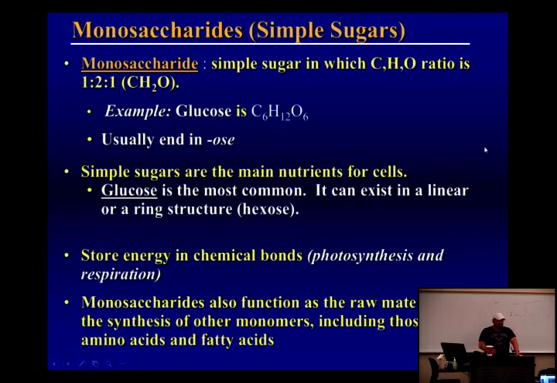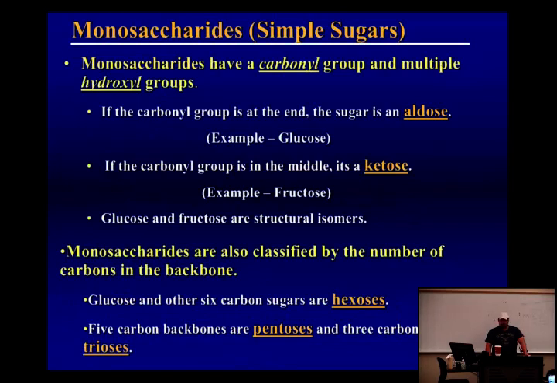It's a hexose. What does that mean? 6 what? Carbons, good. What if it had 5? What would we call it? What if it had 3? Good. Alright, so sugars almost always have a carbonyl group on them.